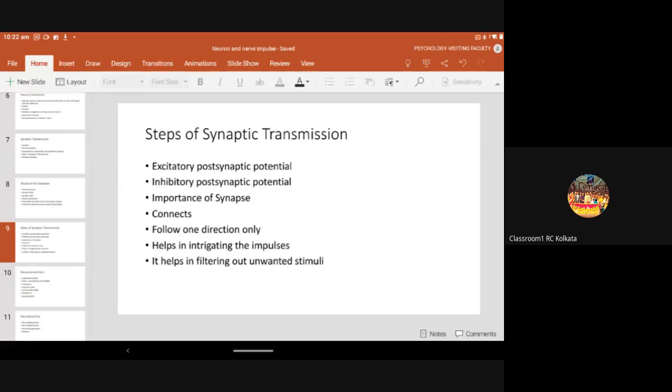It connects one neuron with the other, and it maintains a fixed direction or a fixed line, and it helps in integrating the impulses. It also helps just like a filter paper. It filters out the unwanted stimuli.